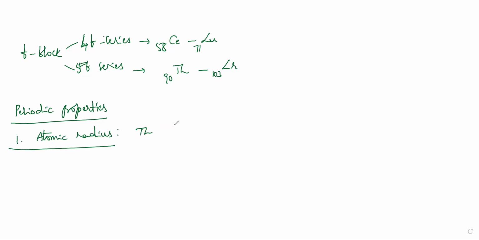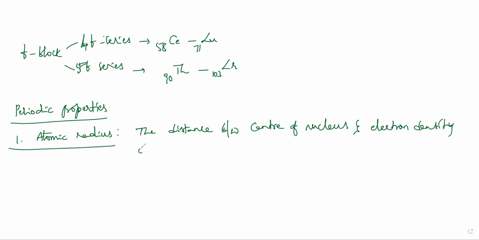It is the distance between the center of the nucleus and the electron density in the outermost shell. So that distance is termed as atomic radius.